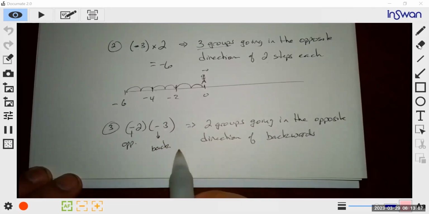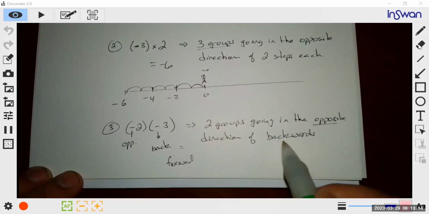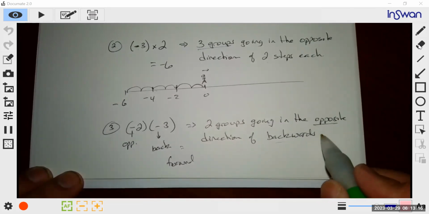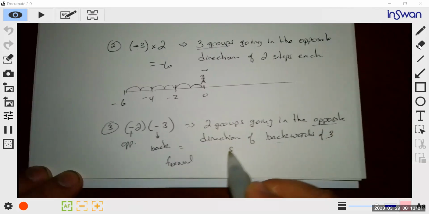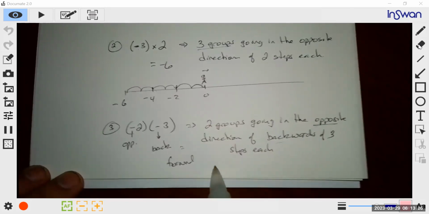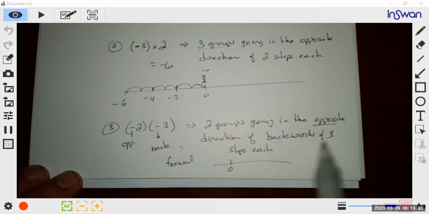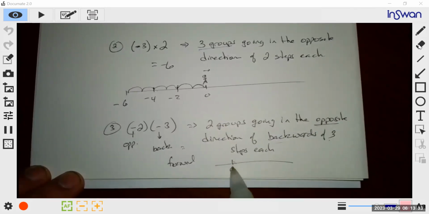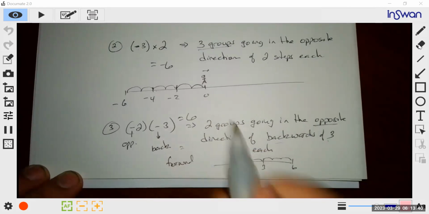So the opposite of backwards is forward. Backwards of 3 steps each. So we have two groups of 3 steps, and the opposite of backwards is forwards. 1, 2, 3, 4, 5, 6. So the answer is +6.